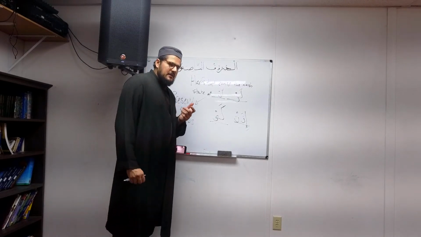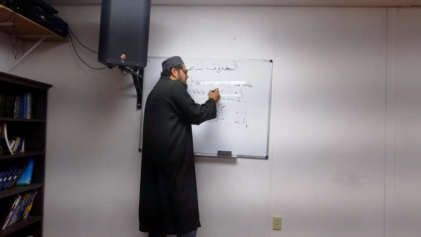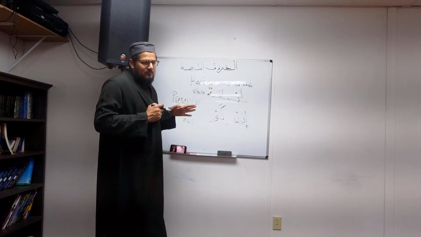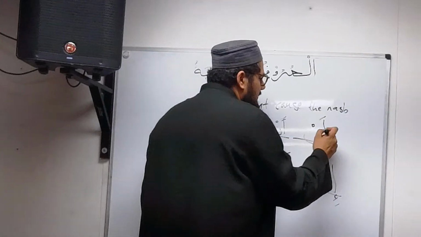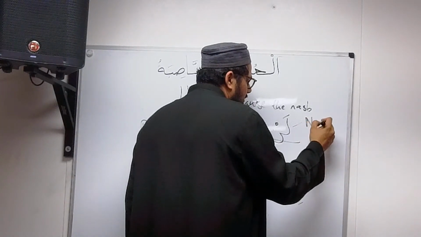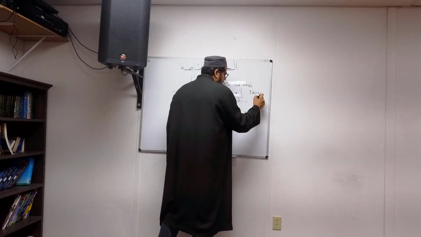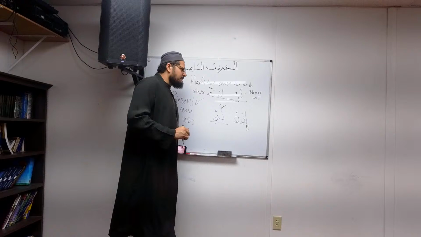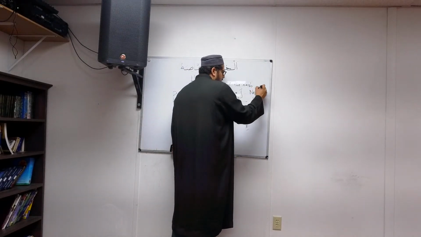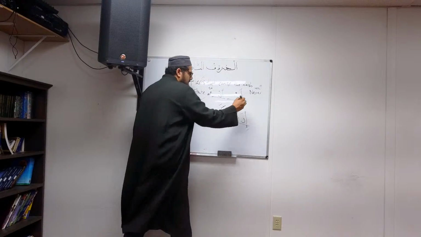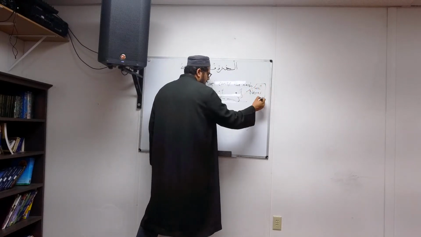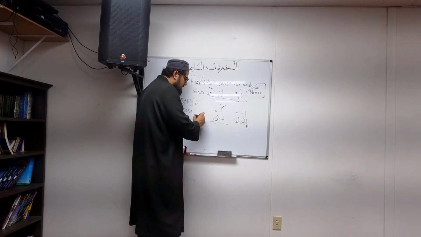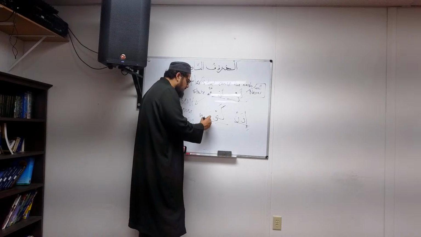Generally, the definition that's given for these 4 is, an can usually mean to, but that's not always the case. For now, we'll just call it to. Lan means never will. Will never. We have the word kay, which means in order to.